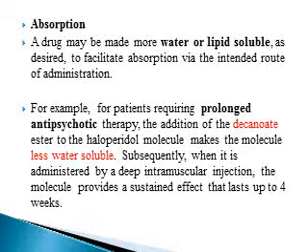For example, for a patient requiring prolonged antipsychotic therapy, the addition of the decanoate ester to the haloperidol molecule makes the molecule less water soluble. When it is less water soluble, it increases the duration of its action. This antipsychotic is hard to give to the patient at frequent intervals, so the longer the duration the better for me. By adding the decanoate I turned it into less water soluble, reduced the release, and give it by deep intramuscular injection.